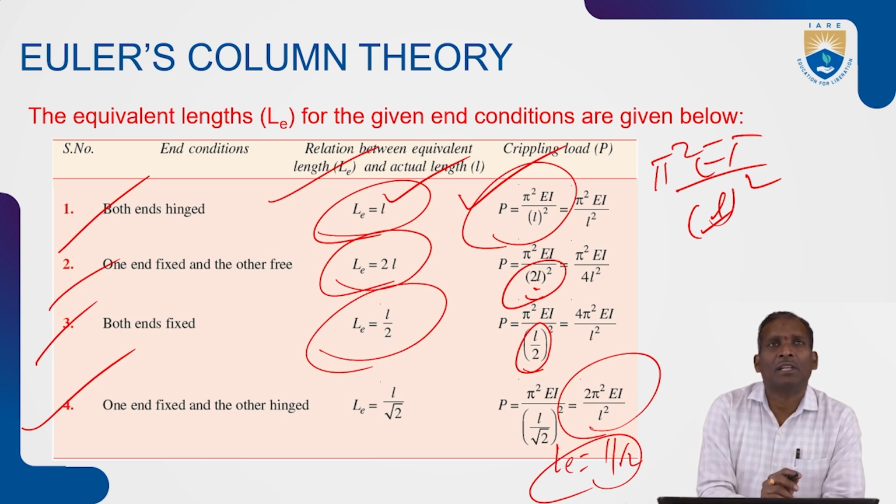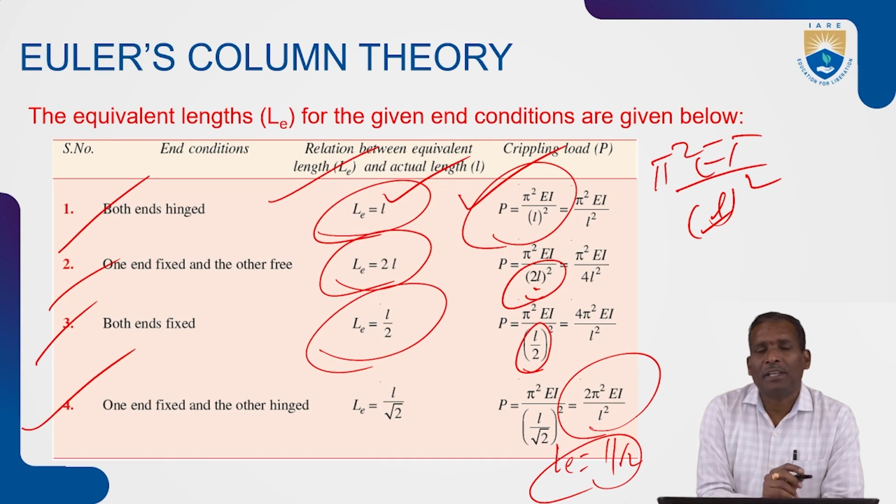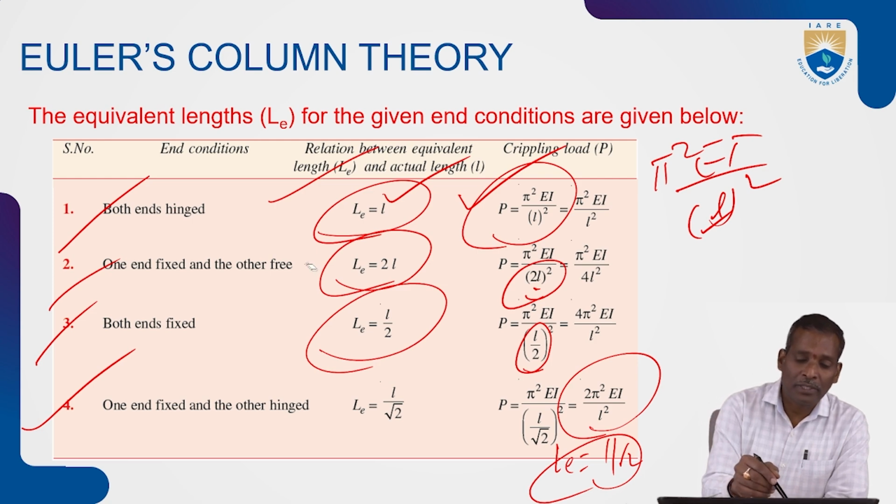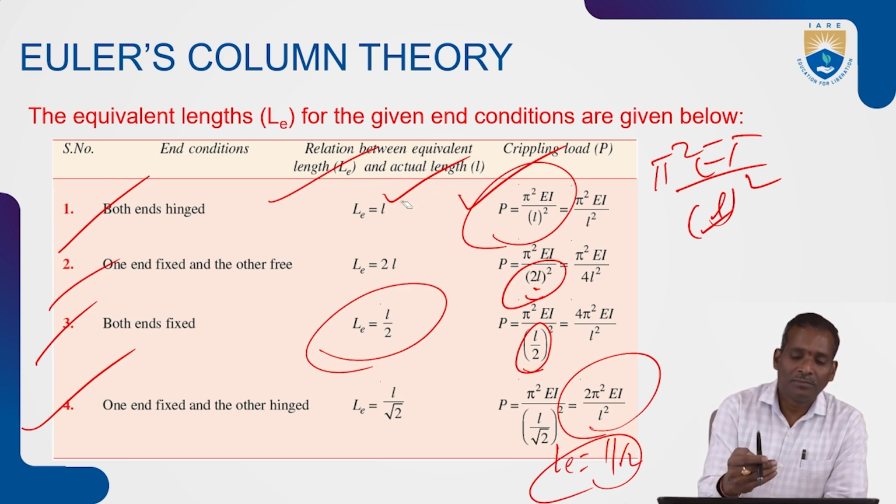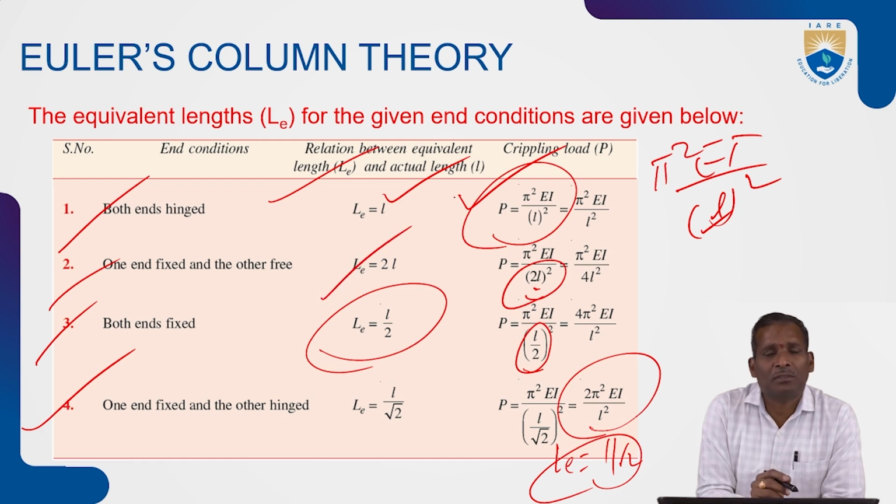Suppose the end condition given is one end fixed and the other end free. How do you calculate the equivalent length? The equivalent length is equal to 2 times L. Need to substitute like this.